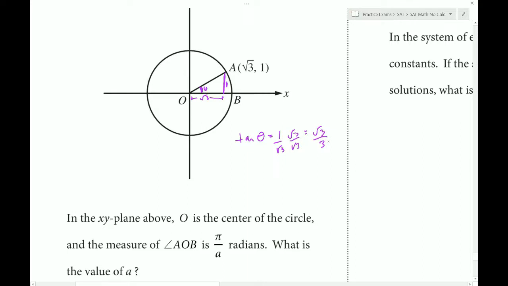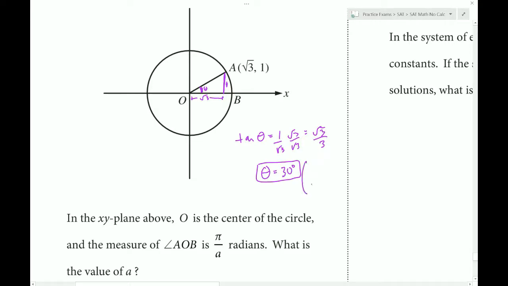And the angle, which has this as its tangent, if you memorize your chart from trigonometry, you'll know that that angle, let's see, is it 30 or is it 60? I think that it would be 30 degrees. Yeah, 30 degree angle. So now we just have to convert that into radians.